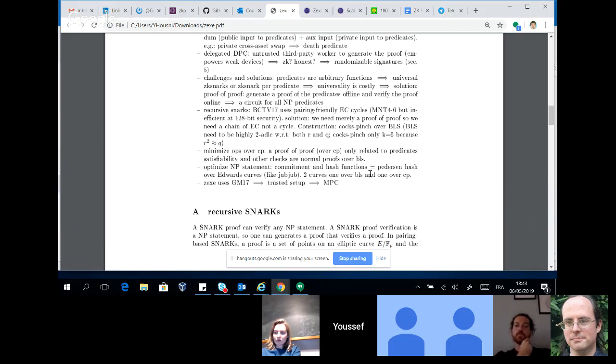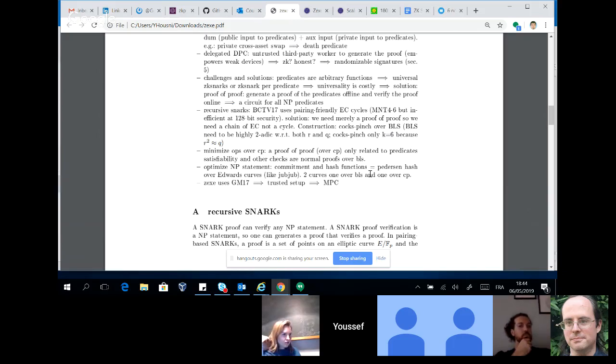If it addresses privacy, so if it is a proof of a proof, so if it is related to those birth and death predicates, so to those user-defined functions we want to keep private, we do the computations over Cox-Pinch. So it is a proof of a proof and it is private.